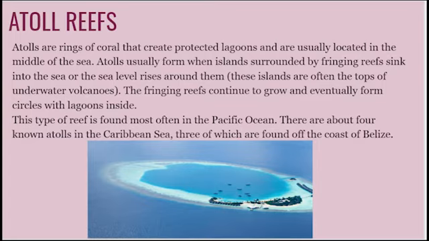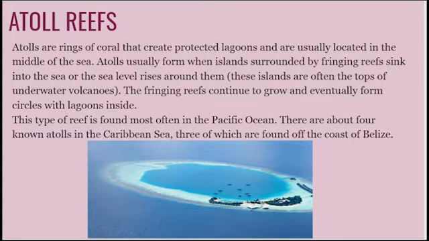All right, so we're getting the idea. So let's go over them. We have fringing reefs, barrier reefs, and atoll reefs. Fringing reefs are formed just off the coast. They're separated from the coast by narrow, shallow lagoons.